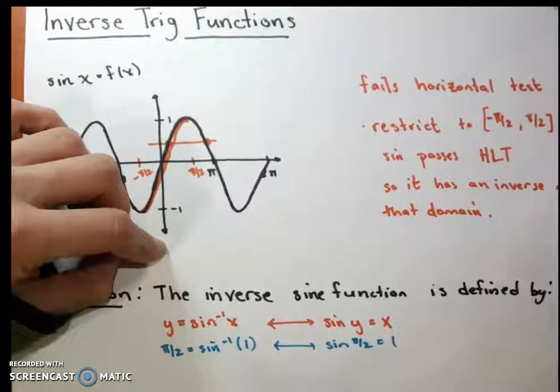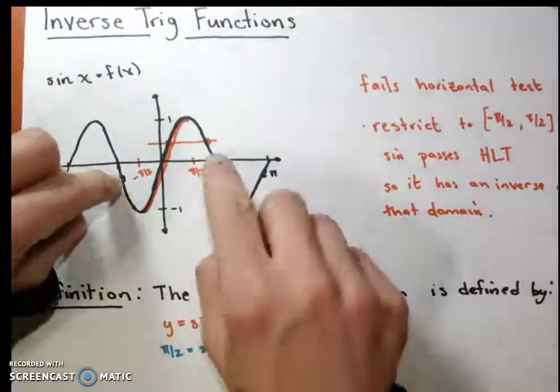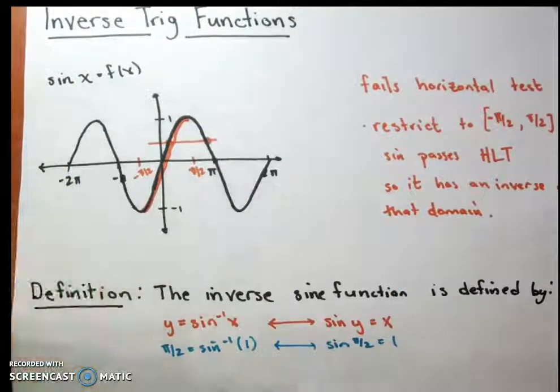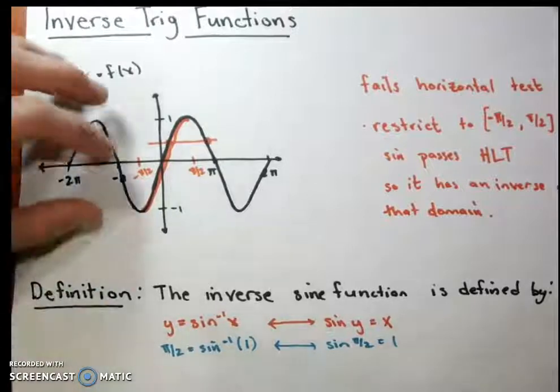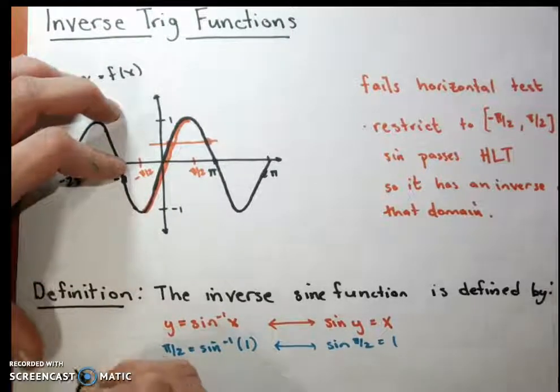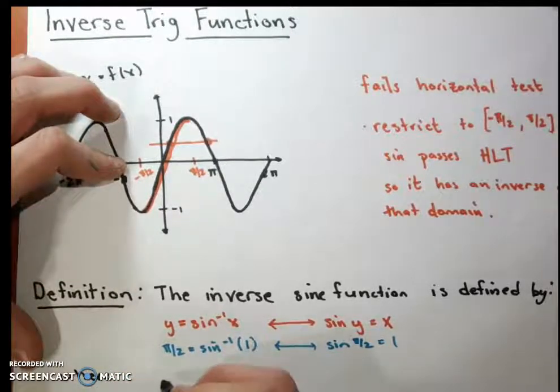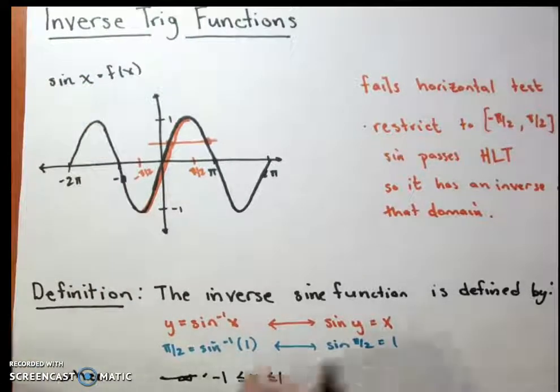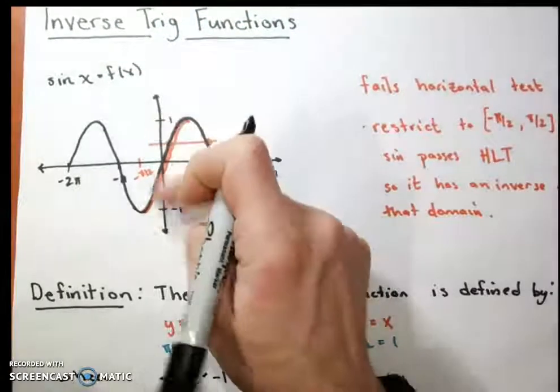Okay, but we just said that this inverse sine function only makes sense for these values between negative pi over 2 and pi over 2. So we have to add in this restriction where our x values can be between negative 1 less than or equal to x less than or equal to 1, because for the inverse function, the domain is going to be the range of the sine function.